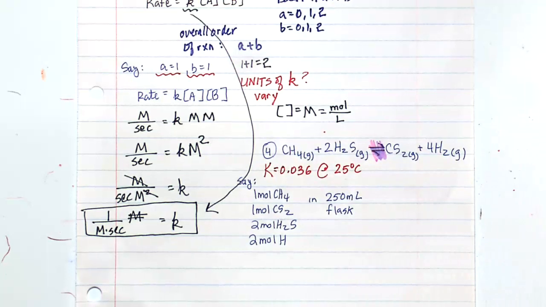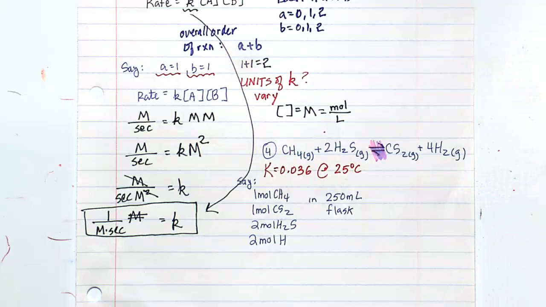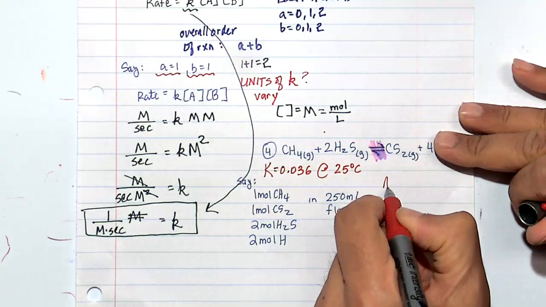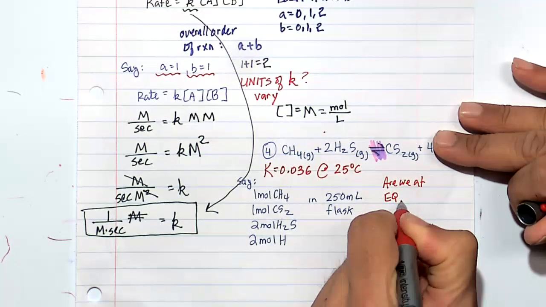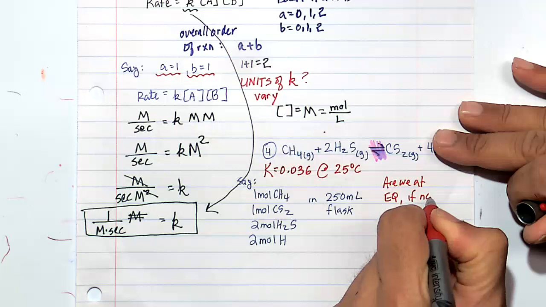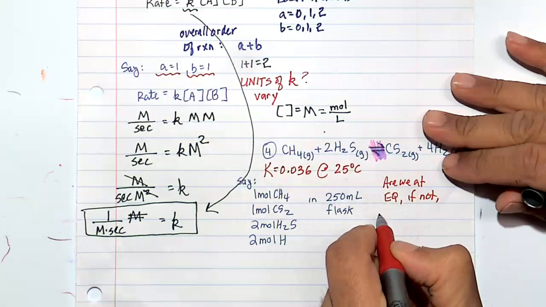So the question is, are we at equilibrium? And if not, where will the reaction shift to get to equilibrium? So if not, where will the reaction go to establish equilibrium?